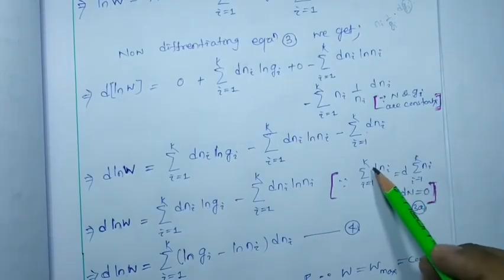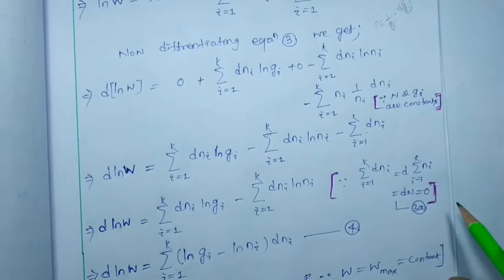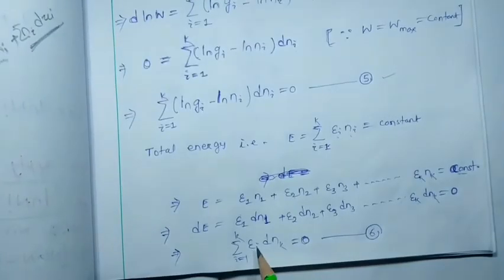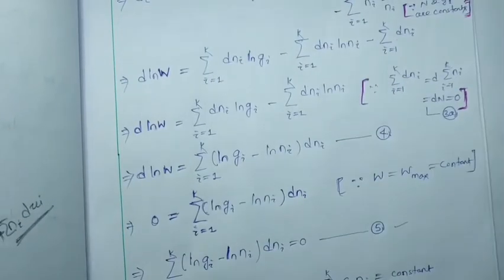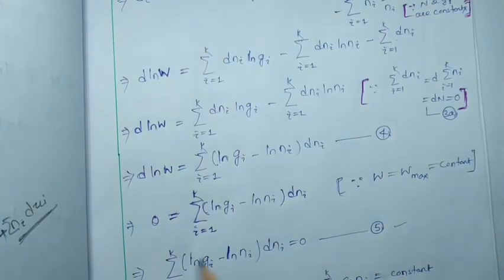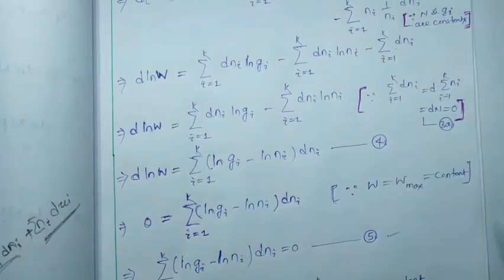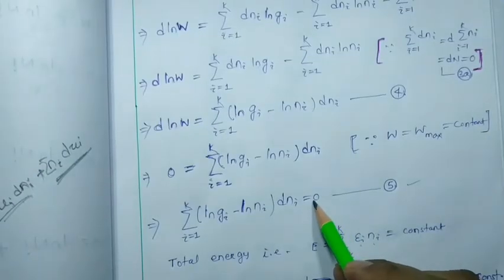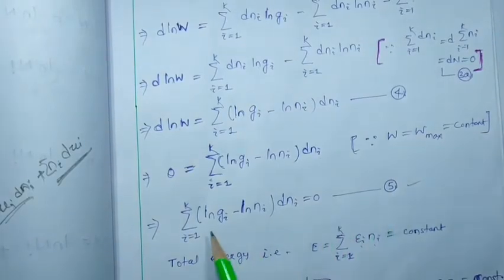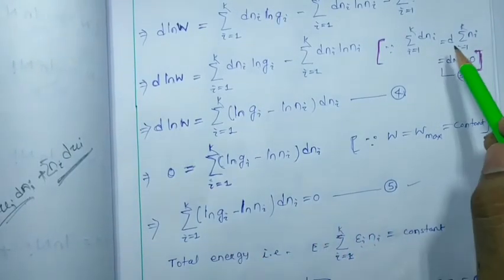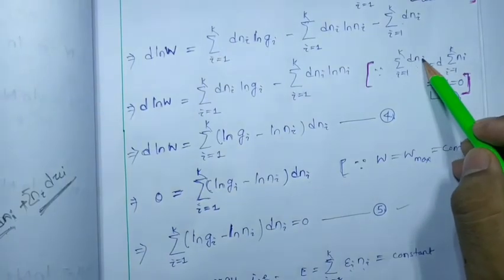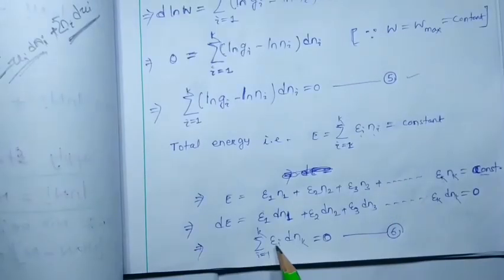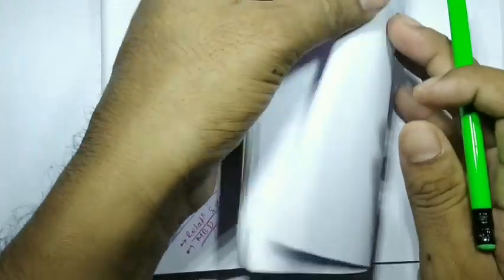If I multiply a constant by 0, it will also be 0. So I am subtracting two terms which are equal to 0, so at last I also get 0. So I am going to subtract alpha dni and beta epsilon i dni from equation number 5.